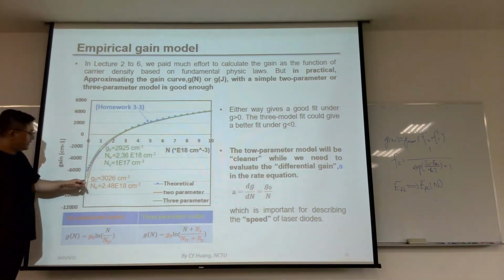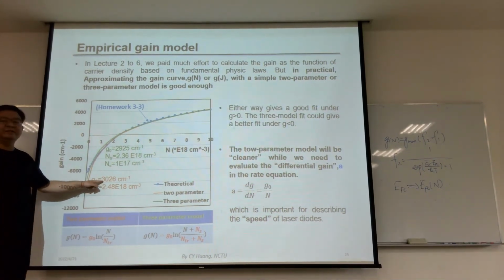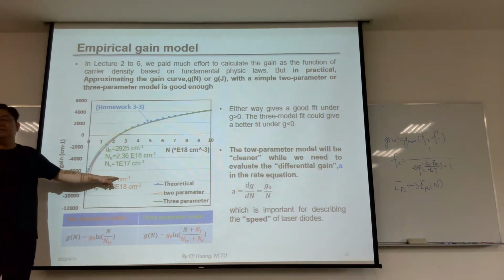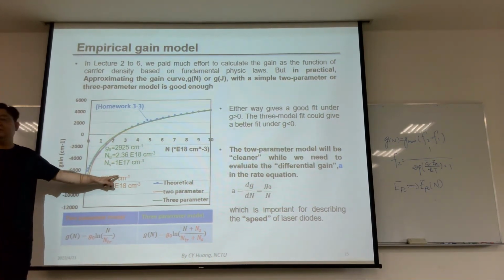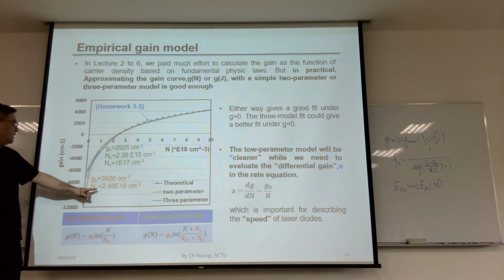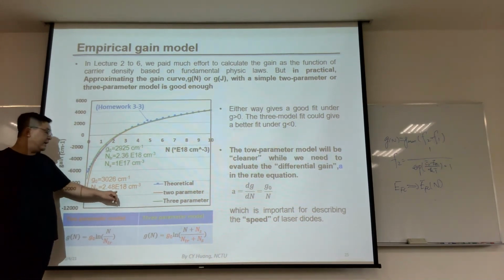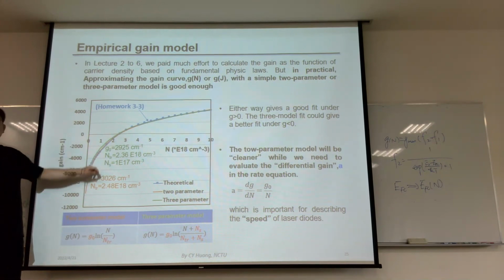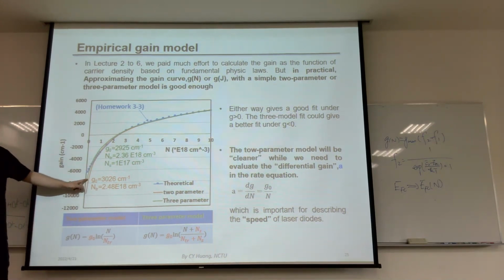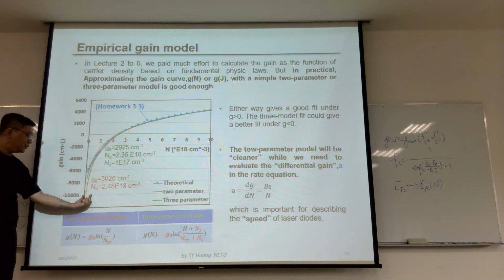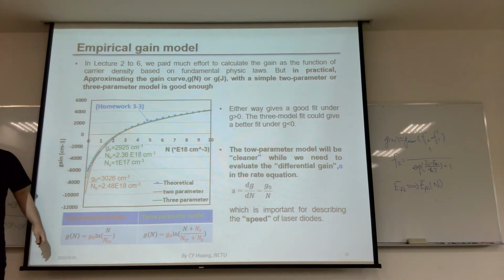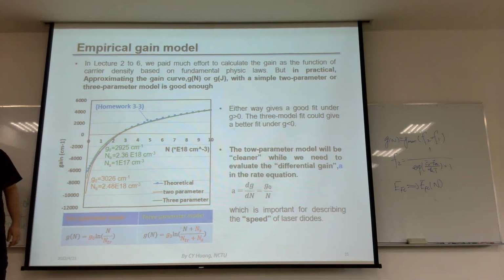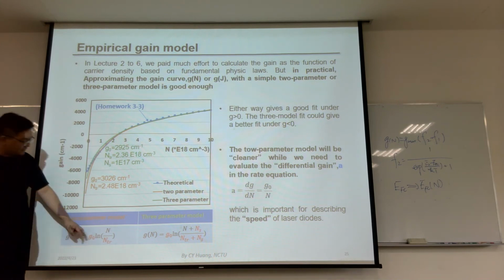The answer I used: G0 is equal to 3026, and n_tr is 2.48E18. It doesn't look too bad, except for the region with very low carrier concentration. Let's see what the problem is here.